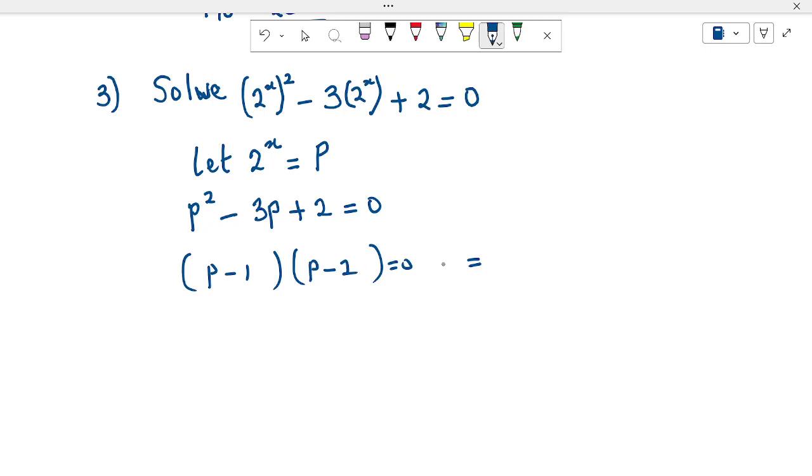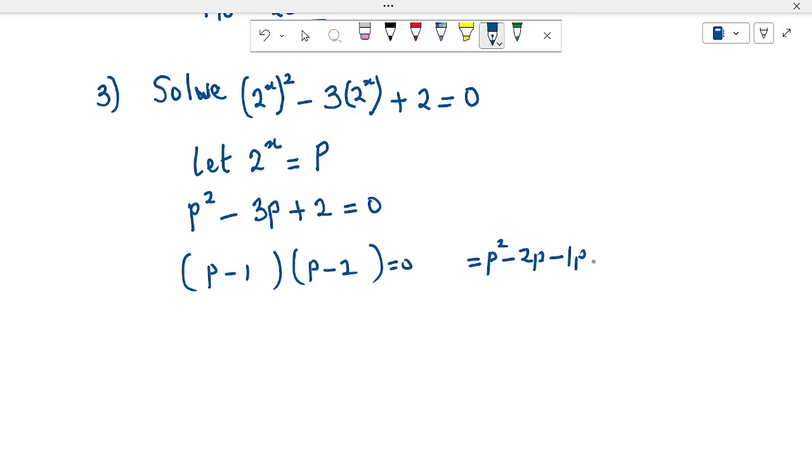Expand this, we have p times p to be p squared. We have p times minus 2 to be minus 2p. We have p minus 1 times p to be minus 1p or p. We don't normally write 1p, we write p. Then we have minus 1 times minus 2.